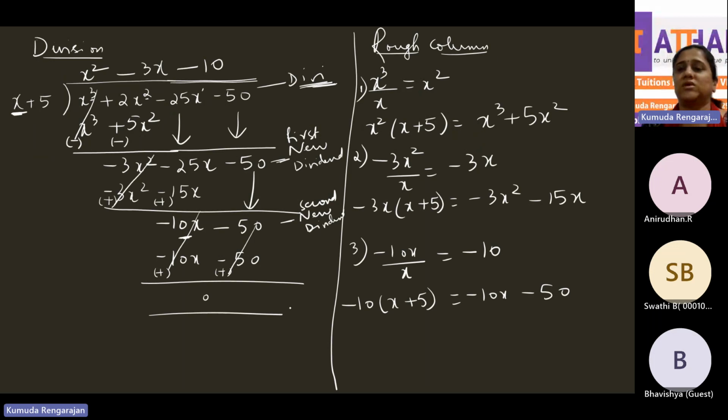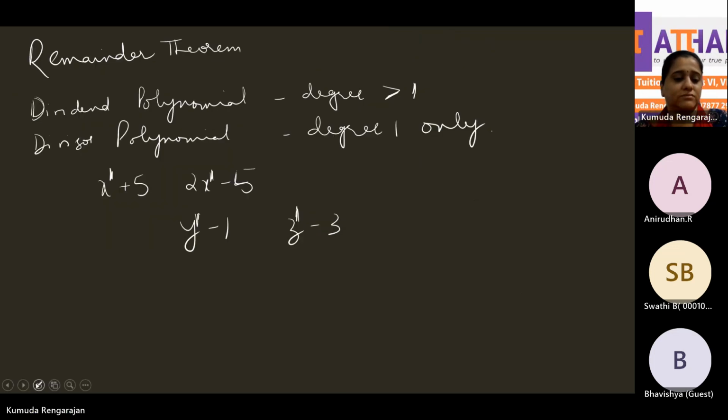Now this one can be done using the remainder theorem, because the dividend polynomial has degree 3 and the divisor polynomial has degree 1. Dividend can be anything, but divisor should be 1 only. So we can use the remainder theorem for this one to find the remainder.